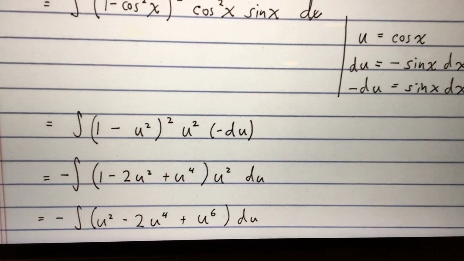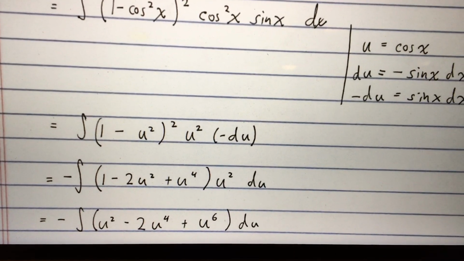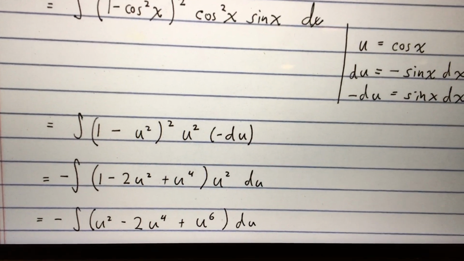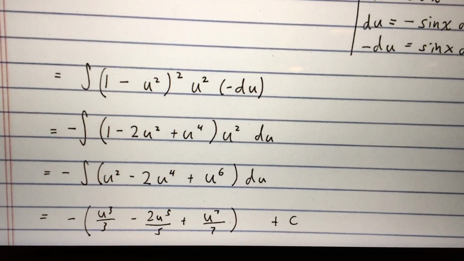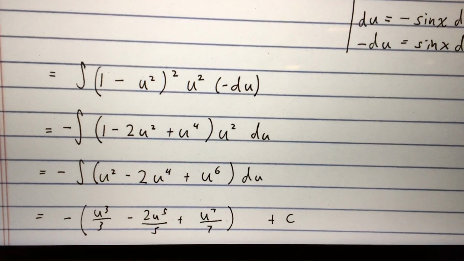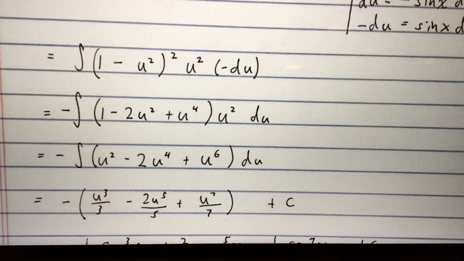Then I have u squared minus 2u to the 4 plus u to the 6, multiplying the u squared through the parentheses. And then I can raise and divide all along: u cubed over 3, u to the 5 over 5, u to the 7 over 7, and that's it.